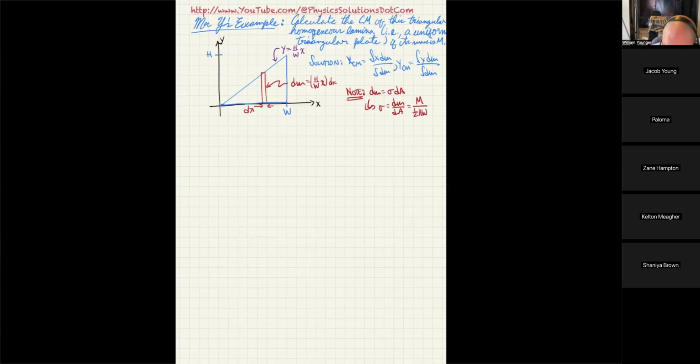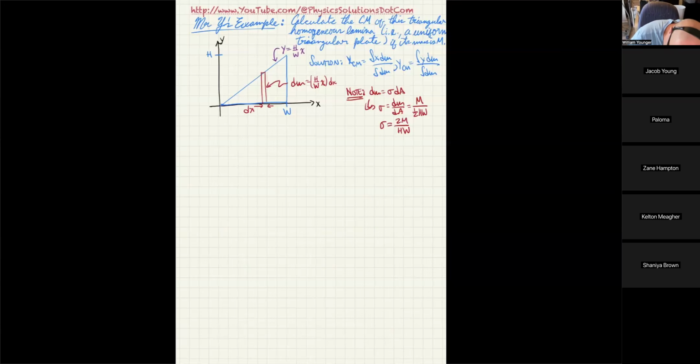So that's actually what the sigma is. We don't necessarily use that all the time, but I always want to show it to you when we first start off so you can get the hang of understanding what the sigma is, what the lambda is, what the rho is. Since this is uniform, all I had to do is take the total mass and divide it by the total area. In this case, it becomes sigma equal to 2M over hw. We may or may not use it. It's not a big deal.